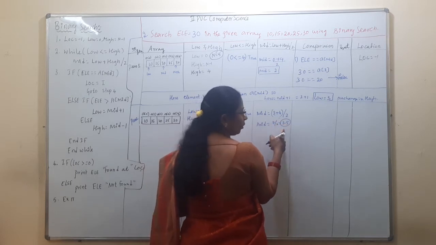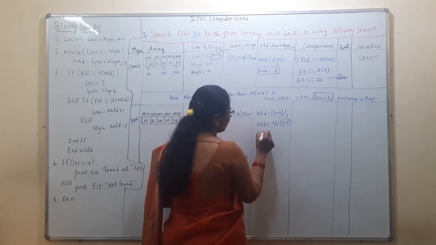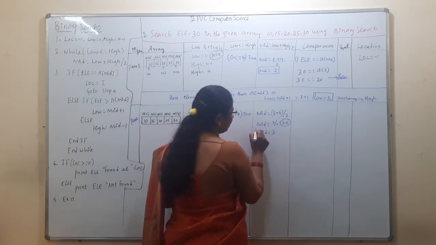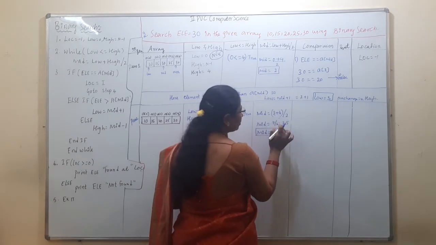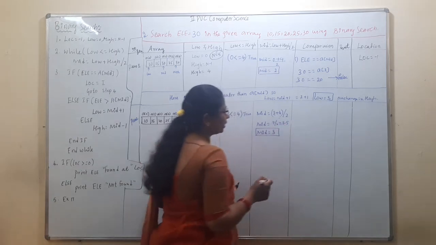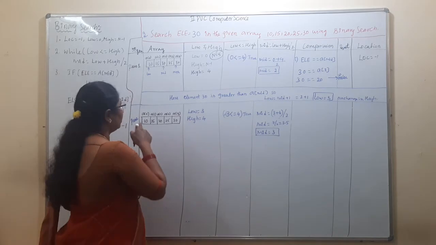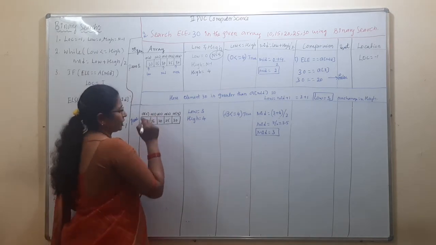Remember student, 3.5. You need to take only the integer value, mid equal to 3. 0.5 we are not going to consider. Why? Your index doesn't have any fraction value.